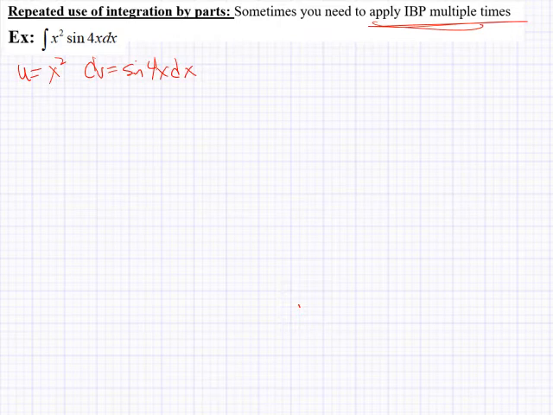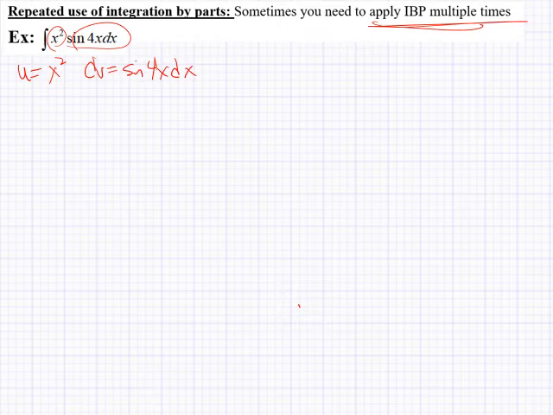Well, first off, I look at the two functions and I ask myself, is one of these easier to integrate or differentiate? And the answer is no. I think x squared I can integrate or differentiate really easily. Sine 4x I can integrate or differentiate really easily. So it's not like it's going to be easier to do one or the other for either function. So the next thing is, which one becomes simpler if I were to integrate or differentiate it?